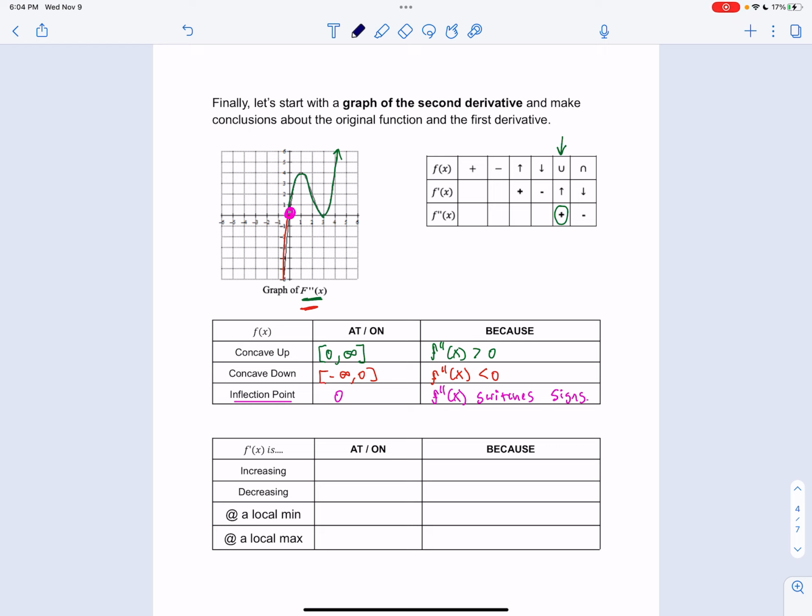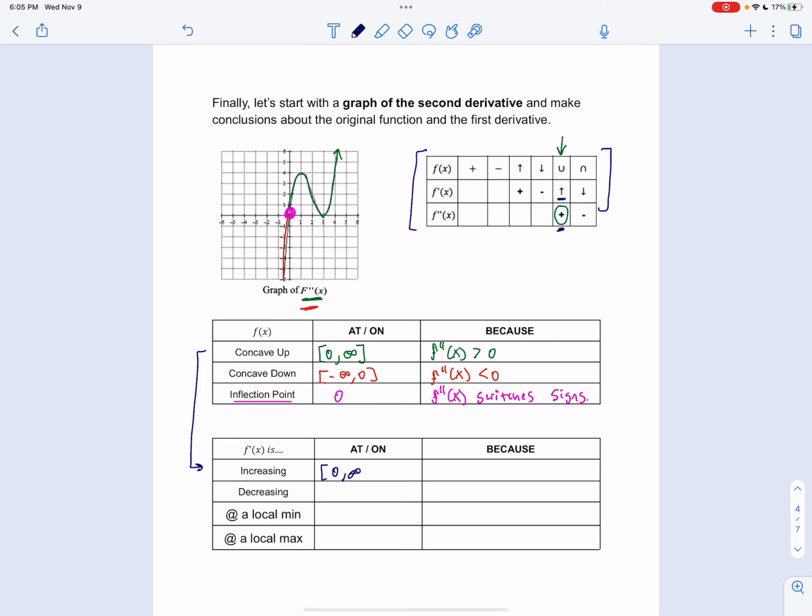Now, probably the trickiest one of all of these is making conclusions about the first derivative based on the second derivative. When we're getting started, we just want to use the chart here. The first derivative is increasing, so I looked that up on the chart, okay? But I have a graph of the second derivative, so all I'm looking for here is when the second derivative is positive. That means the exact same thing. That is what concave up means. It means the slopes are increasing.